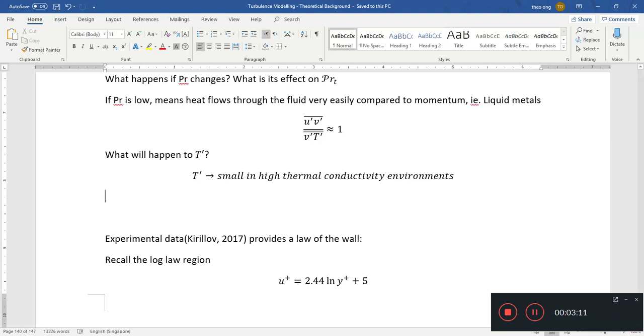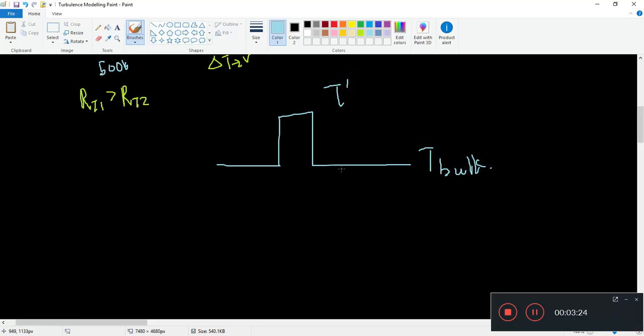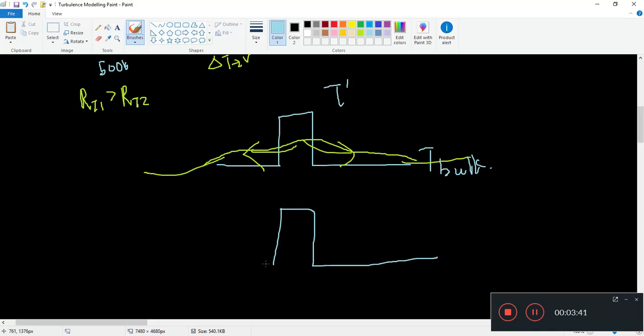Let's say you have a random temperature fluctuation here, and this is the bulk temperature. In the high conductivity fluid, this heat will flow out, and you'll make the temperature fluctuation on average smaller.